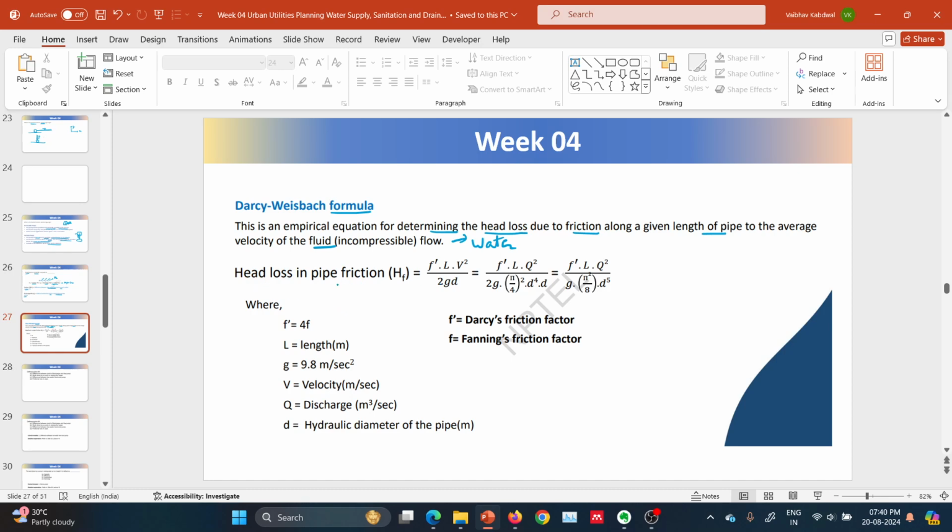The head loss in a pipe can be calculated using this equation: h = 4fLV²/2gD, or f'LV²/2gD. Here V is the velocity, L is the length of the pipe, D is the diameter of the pipe, and g is acceleration due to gravity. Here f is Fanning's friction factor and f' is Darcy's friction factor. You might have studied all these things in fluid mechanics.